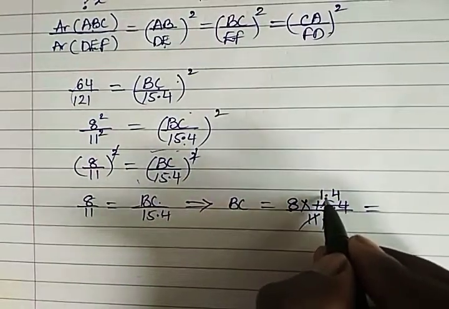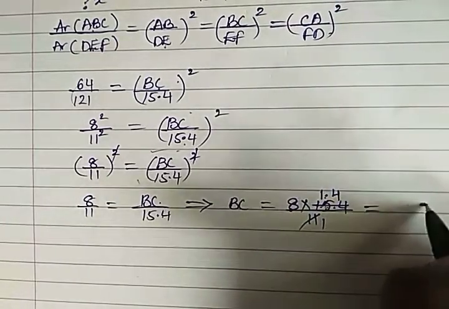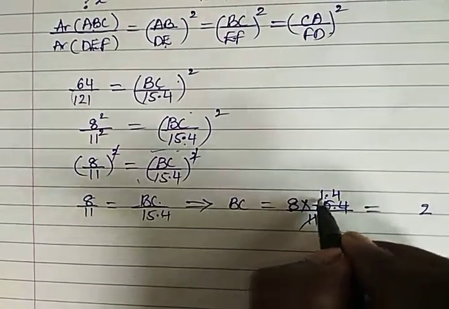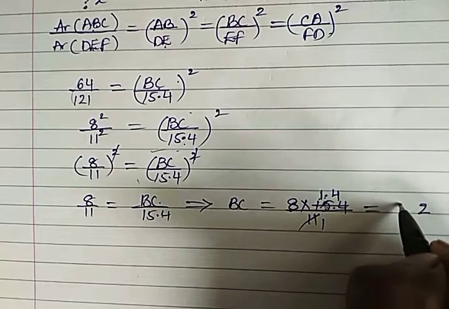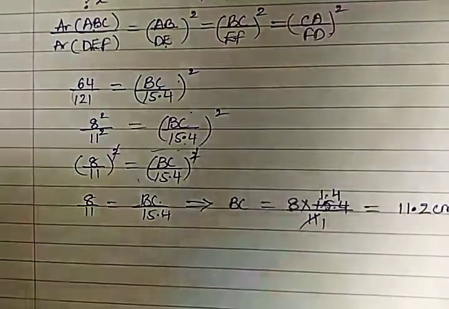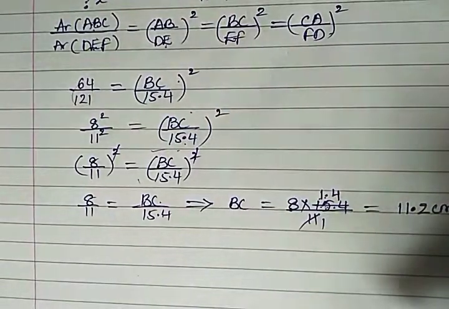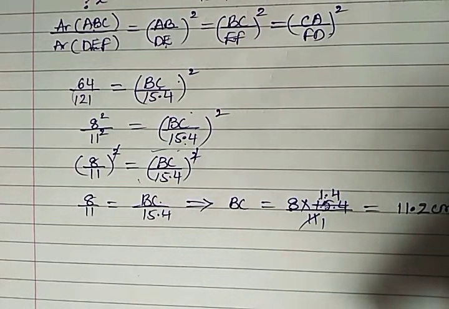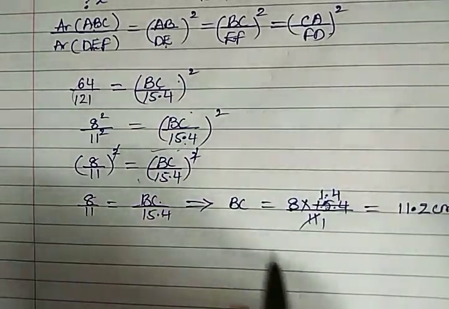So it is 8 into 1.4. 8 fours are 32, 8 ones are 8 plus 3 is 11. So it is 11.2 centimeters. That's the answer for question number 1. BC is equal to 11.2 centimeters.